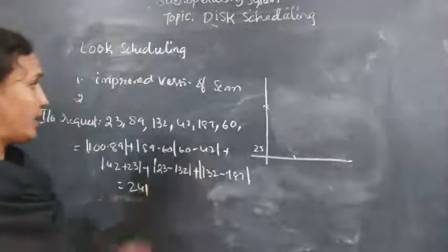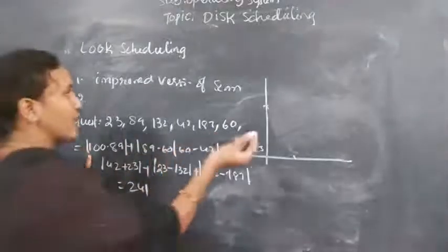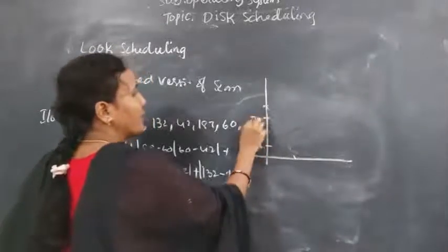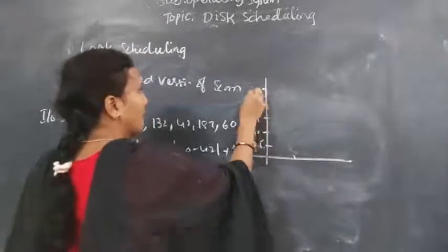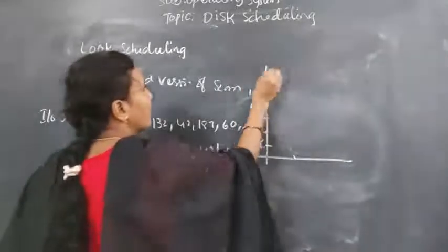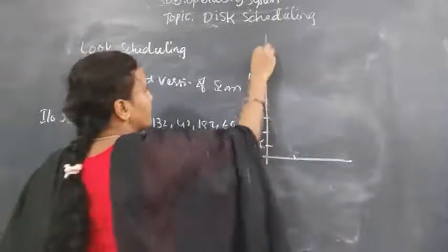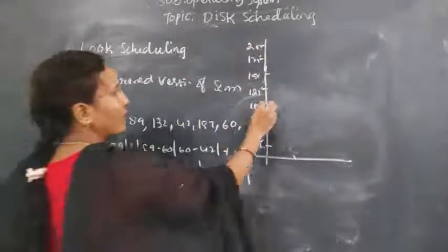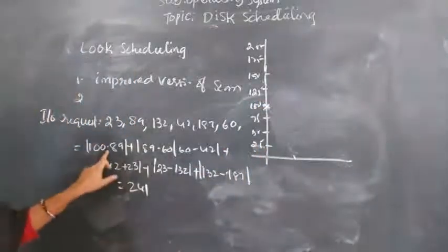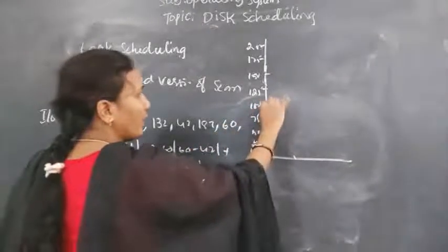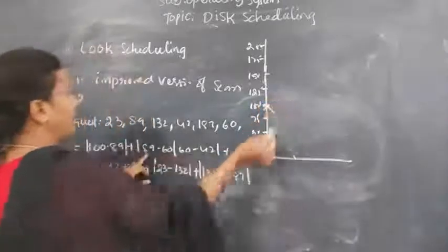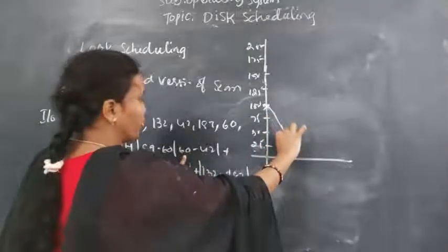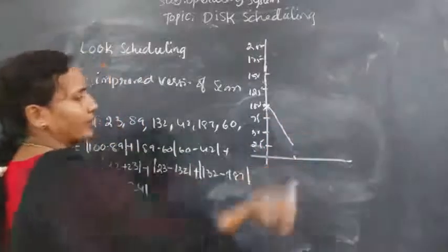As I already explained, it starts from one position. For example, 25, 50, 75, 100, 125, 150, 175, 200. So it is starting from 100. 100 to 89, 89 to 60, 60 to 42, 42 to 23.